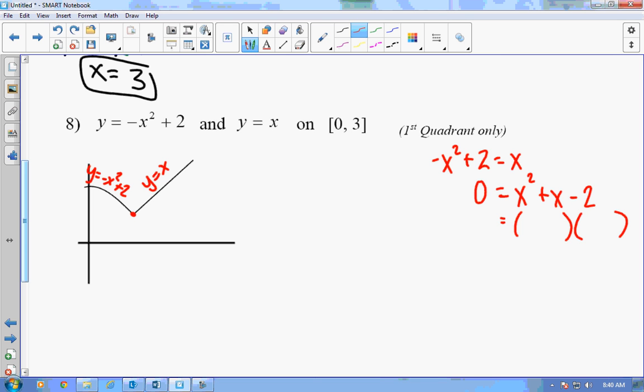Just attempt to factor. Two numbers that multiply to a negative 2 that add to 1. 2 and negative 1. So x plus 2, x minus 1. So using the zero property, we would get x equals negative 2 and x equals positive 1.